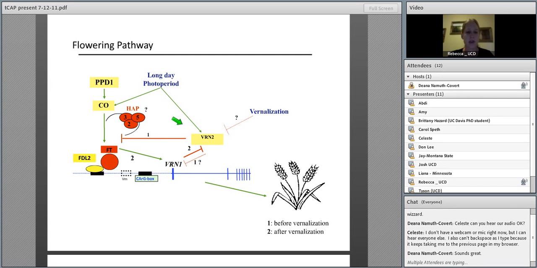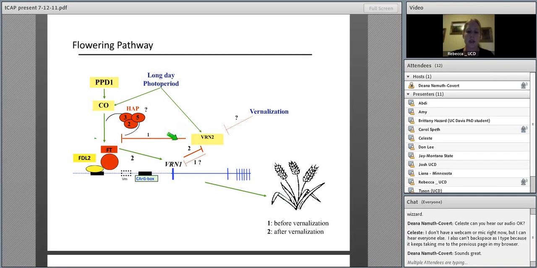You have PPD, which is a photoperiod sensing gene, which then moves into CONSTANS, which upregulates FT. FT is also repressed by VRN2 prior to vernalization. And FT, when it's expressed, helps to upregulate VRN1, which is a meristem identity gene, which will eventually push into flowering.